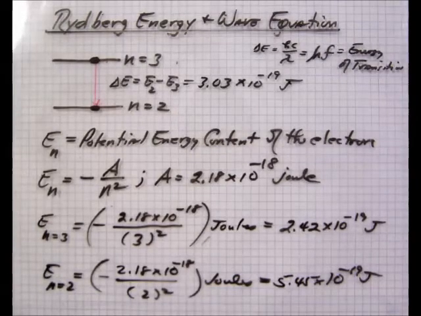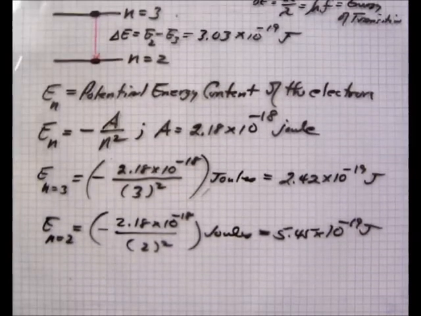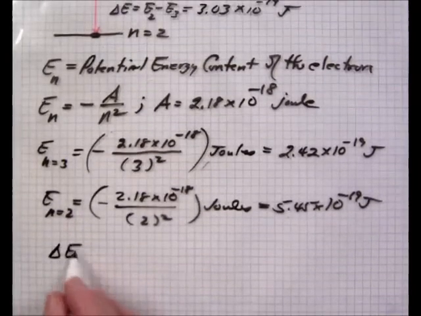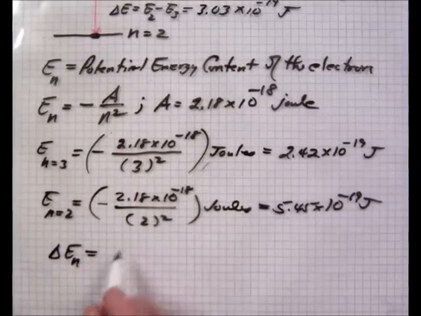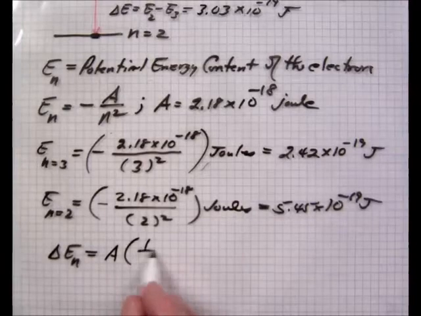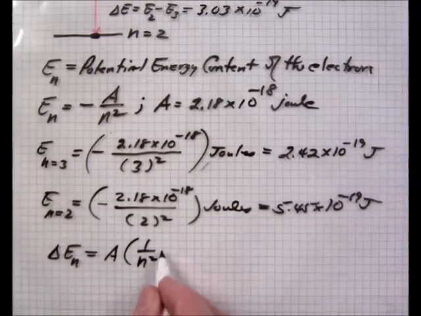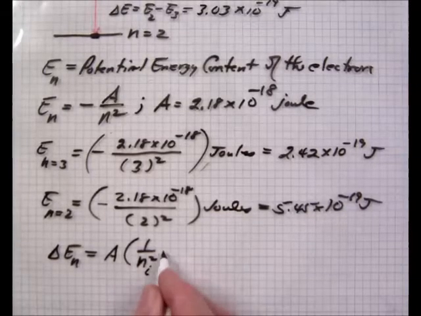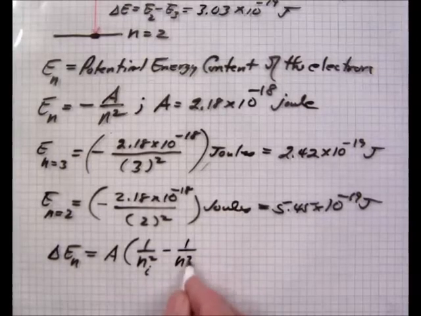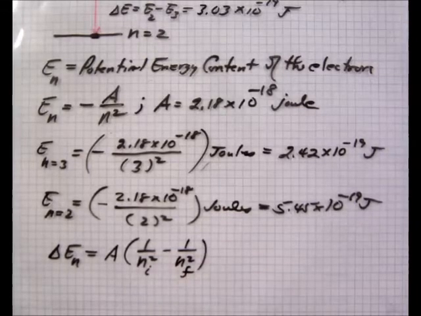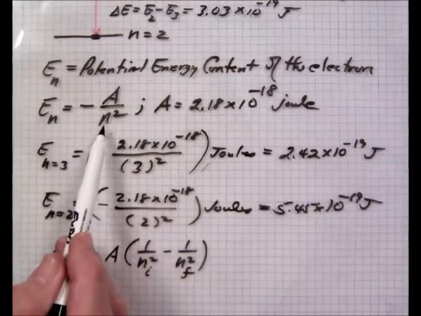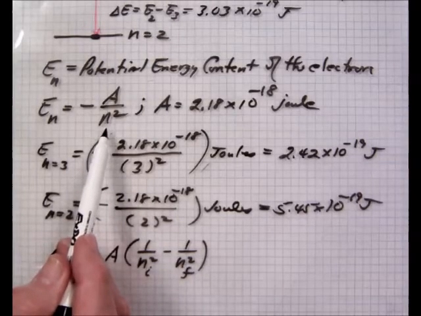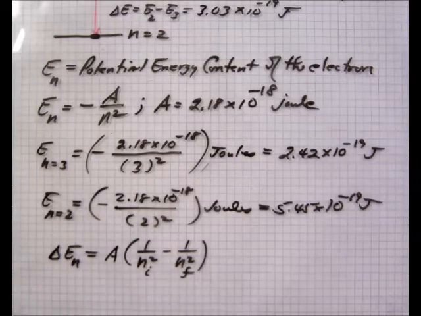And you could simplify the transition into one little equation. I'll show it to you. If you want to calculate the transition energy, it's A times 1 over n squared initial minus 1 over n squared final, like that. It's simply taking this equation and substituting final and initial and taking the difference in the two and solving it algebraically.